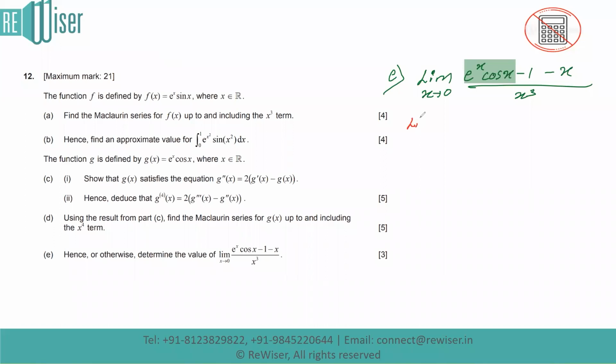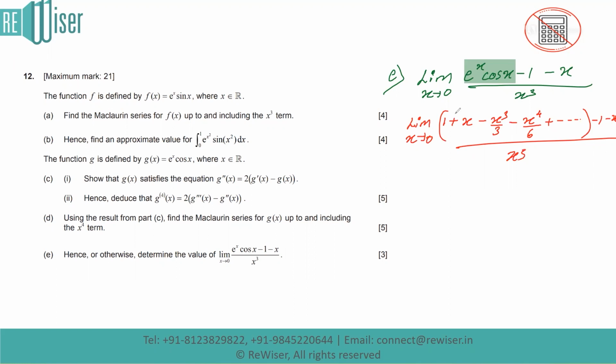So I'll be getting the limit as x tends to 0, where e power x cos x can be replaced with 1 plus x minus x cubed by 3 minus x power 4 by 6, and there will be other terms. And there is a minus 1 minus x, and the entire thing divided by x cubed.